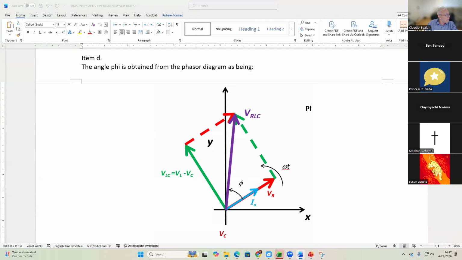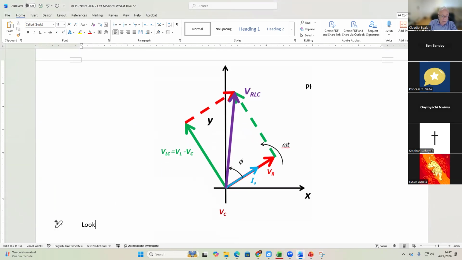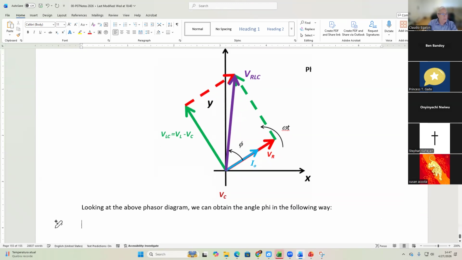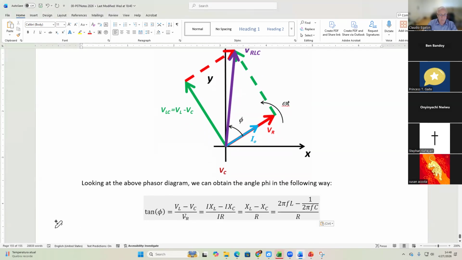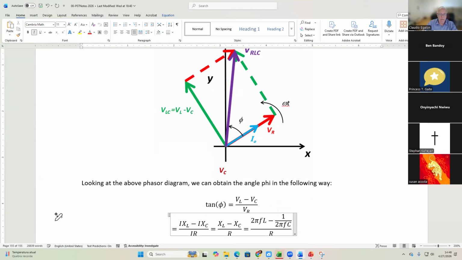Okay, item D, looking at the above phasor diagram, we can obtain the angle phi in the following way. Tangent of phi is VL minus VC over VR.